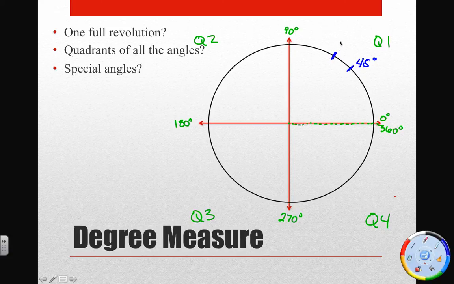We had a 60-degree angle, and we had a 30-degree angle because you made the 30, 60, 90 triangle. So these are our special angles. And they don't just show up in quadrant 1.